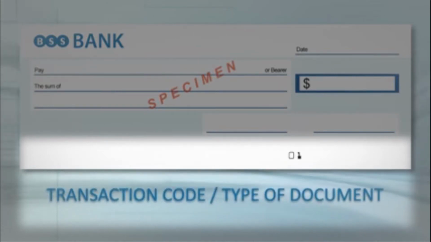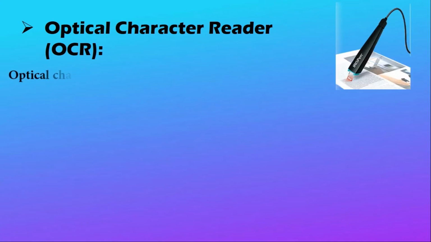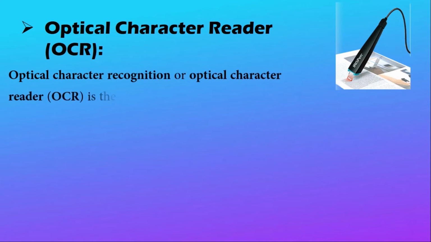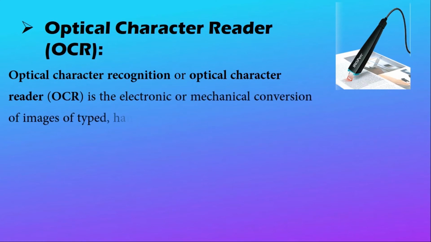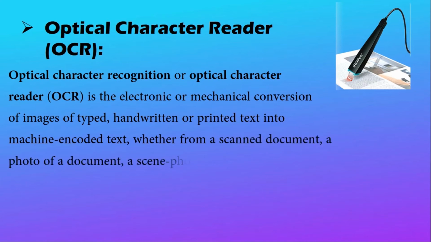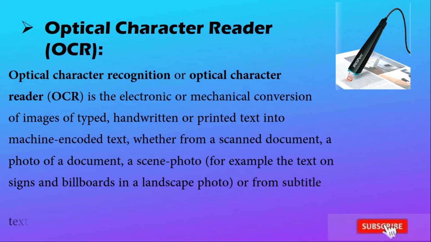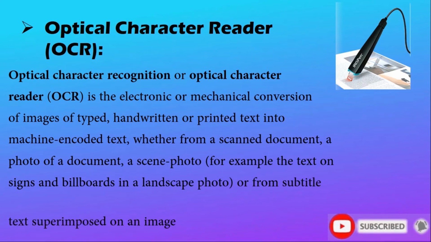Okay, the next one is the optical character reader, the long form for OCR. Optical character recognition or optical character reader, OCR, is the electronic or mechanical conversion of images of typed, handwritten or printed text into machine encoded text, whether from a scanned document, a photo of a document, a scene photo, for example the text on signs and billboards in a landscape photo, or from subtitled text superimposed on an image.